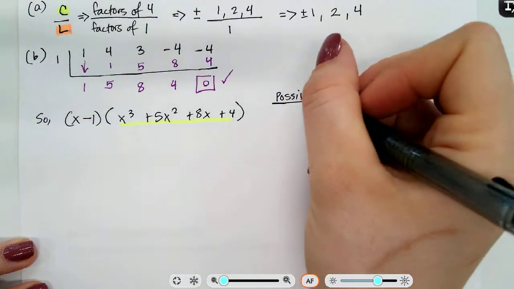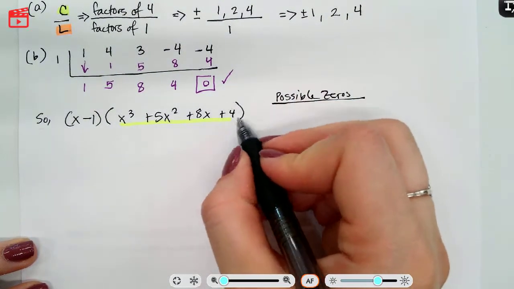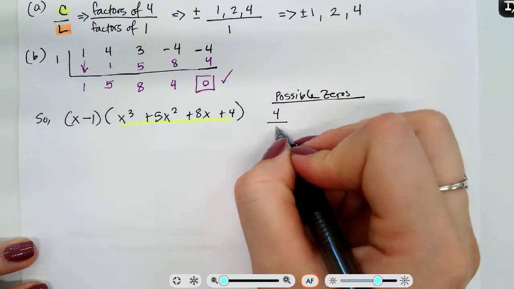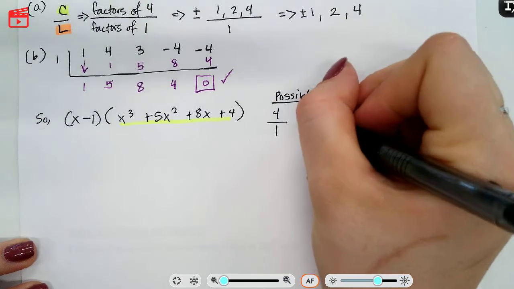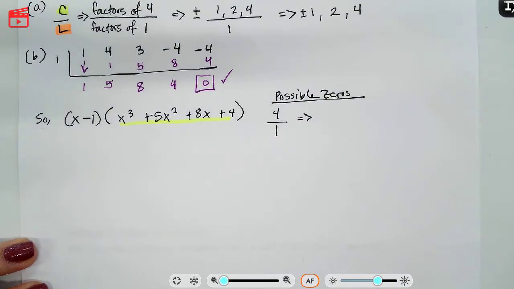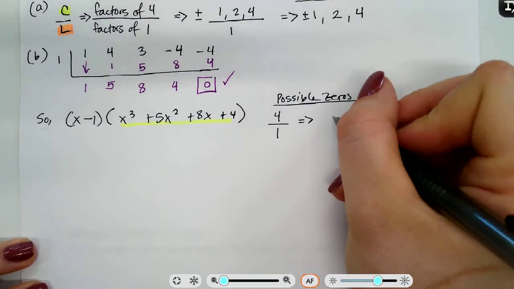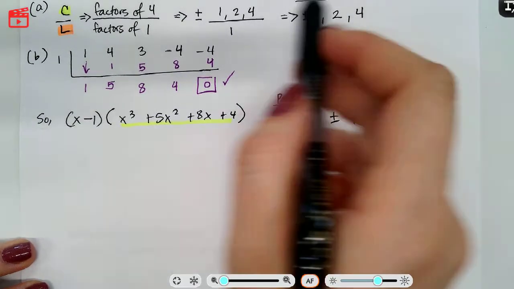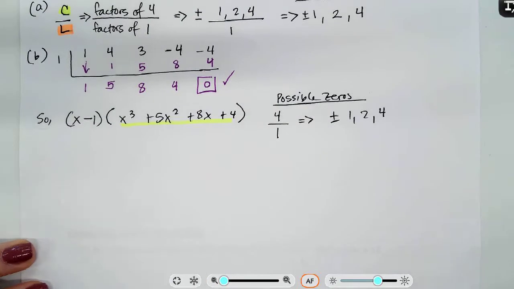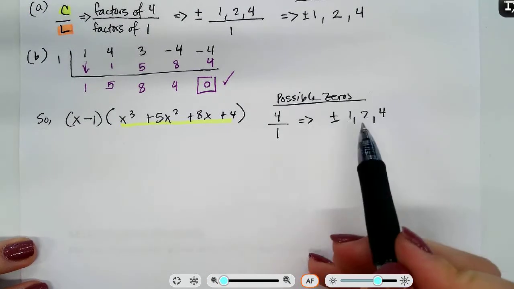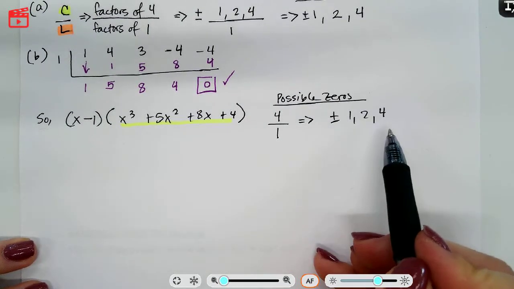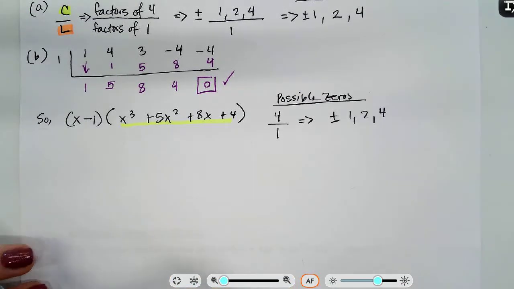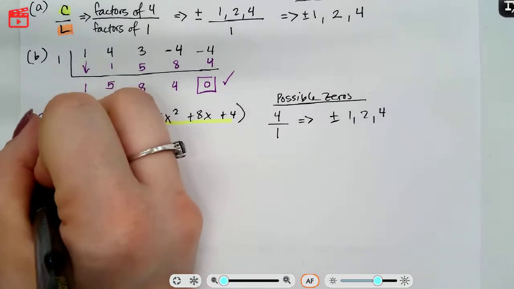Possible zeros for this one: I take the c value, 4, and the l value, 1, and those give me the same options as before, plus or minus 1, 2, and 4. Same thing we did for part A, we're doing for this one. So I'll pick a positive 1 again and see how that works.